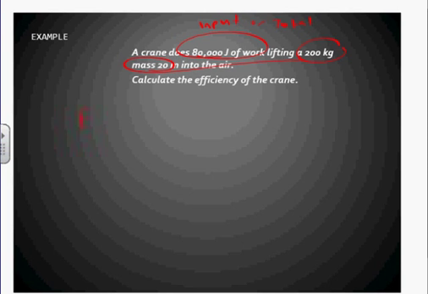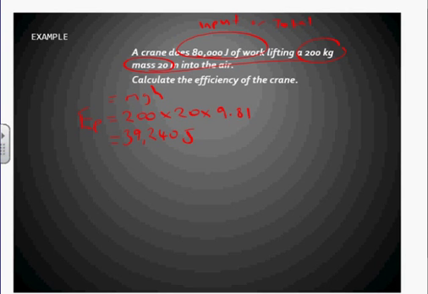Let's have a look at what energy was actually required to get a 200 kg mass 20 meters in the air. Where's that from? mgh. So 200 times 20 times 9.81 makes 39,240 joules.